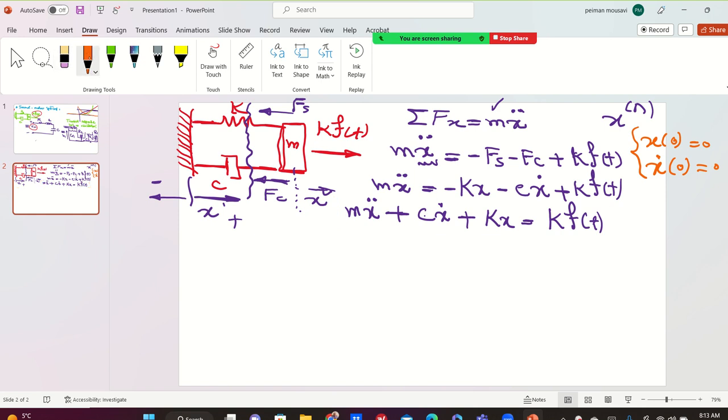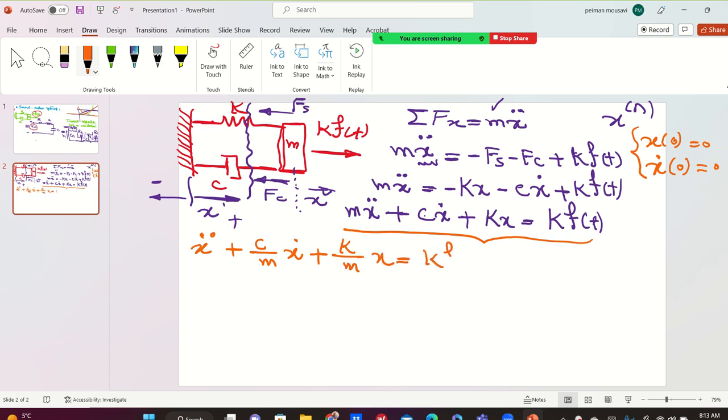If I divide everything by m here, you're going to have x double dot plus c over m x dot plus k over m x equals k f of t.